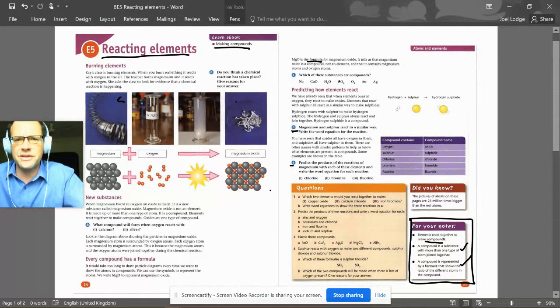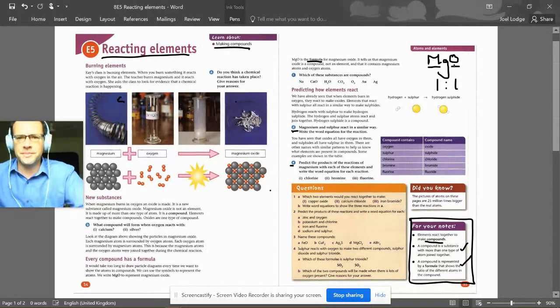Okay, so if we take one of these compounds, magnesium oxide, there's one you know, MgO. We know it's a compound because it's got magnesium in it and it's got oxygen in it. And the ratio here is we've only got one atom of magnesium to one atom of oxygen.